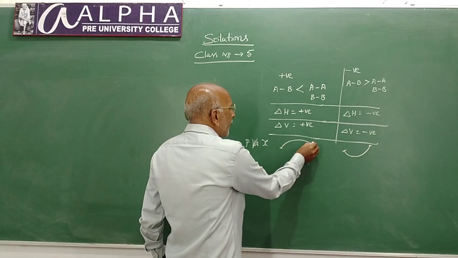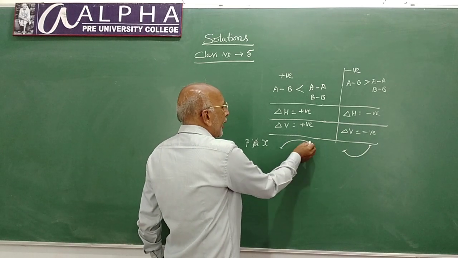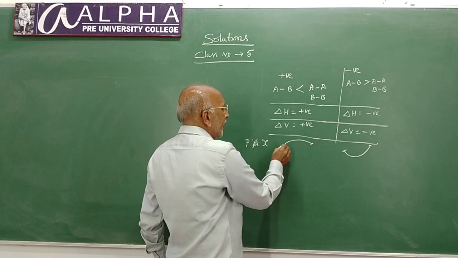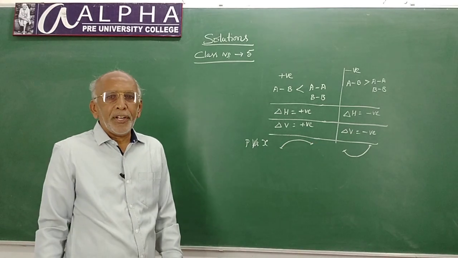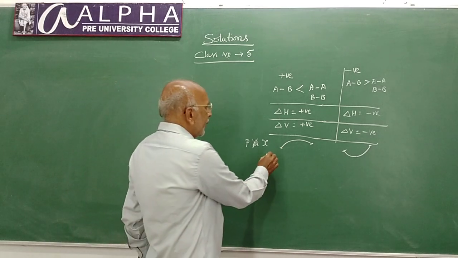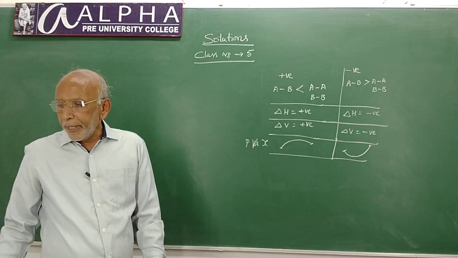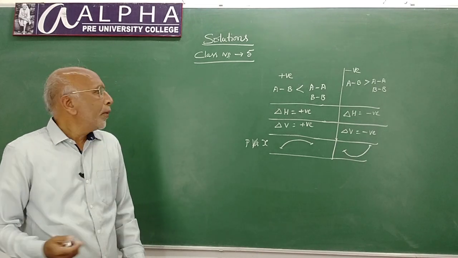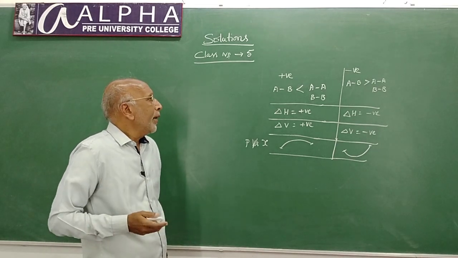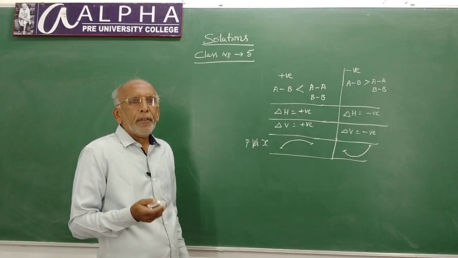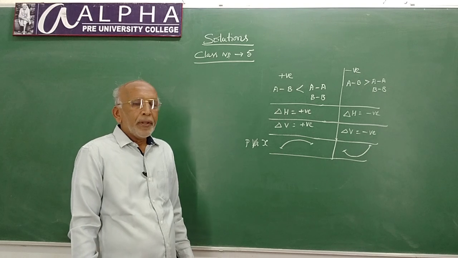Here the combined vapor pressure is greater than the vapor pressures of pure components at all compositions. So these are some differences between non-ideal solutions showing positive deviation and non-ideal solutions showing negative deviation from Raoult's law.